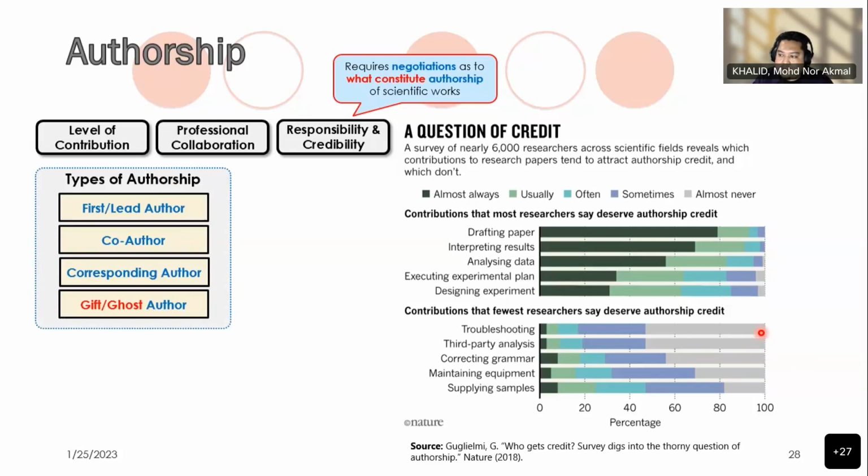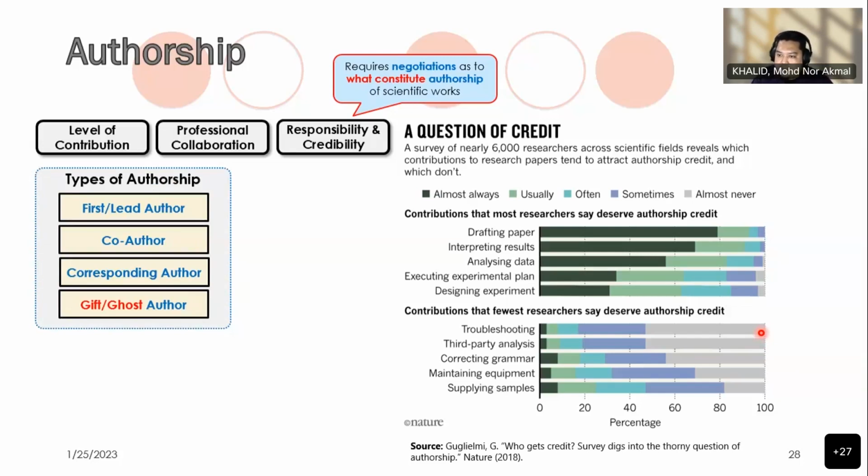Then you have different types of authors: first authors, co-authors, corresponding author. Sometimes people ask, what is the difference between lead author or first author compared to corresponding author? The first author is the one that gets the most credit within the paper.